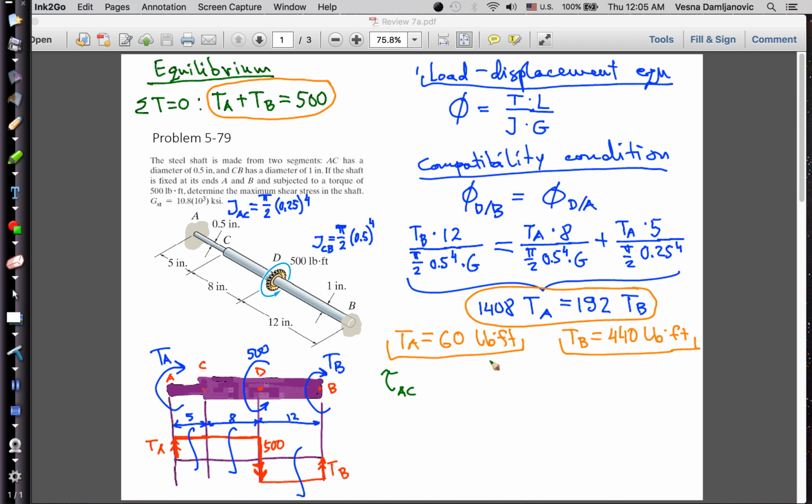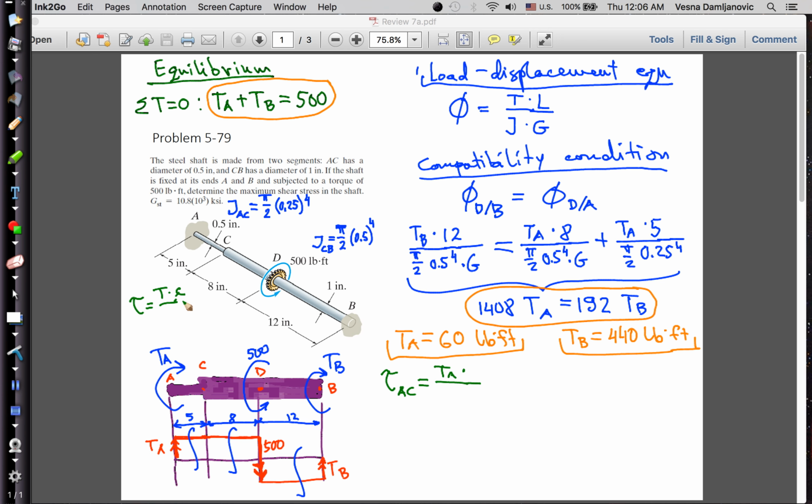For the AC, the value will be TA, right, times let's write what the shear stress is here. T times C, which is the maximum radius, over J. Okay, so our C is half of the diameter, which is 0.25.